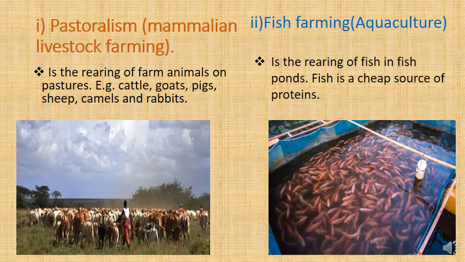Now, as we have learned from the previous slide, livestock farming entails different subdivisions. We have pastoralism, which is also called mammalian livestock farming, that entails rearing of farm animals on pastures.